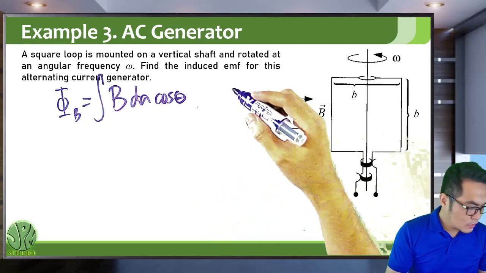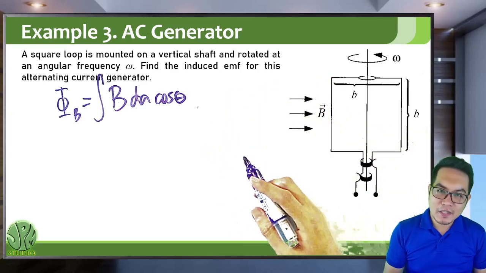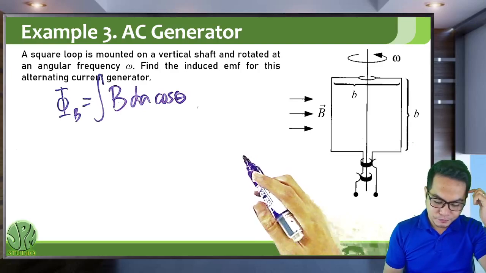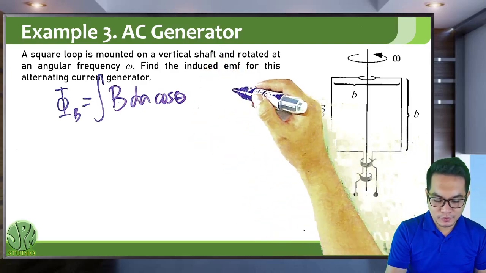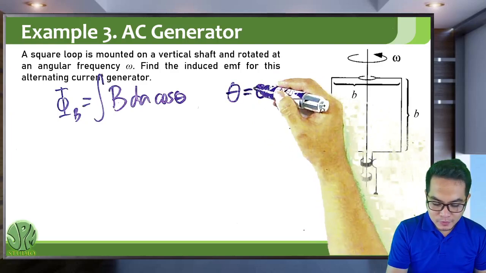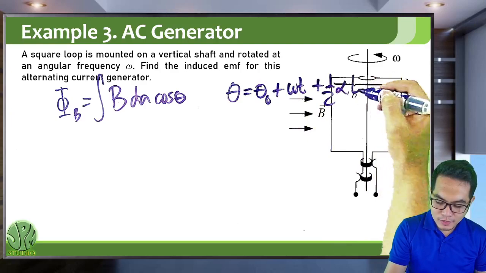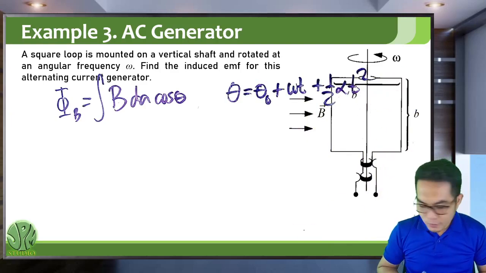Okay, so from your previous lessons in rotational motion, the angular displacement is θ = θ0 + ωt + 1/2 αt².